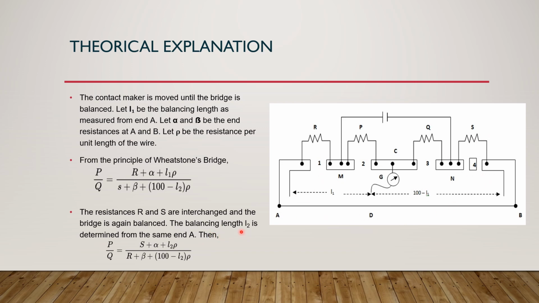The balancing length L2 is determined from this end A. Then P by Q is equal to, if we interchange here, this end becomes S and this end becomes R. Therefore, S plus alpha plus the balancing length L2 rho, divided by R plus beta plus 100 minus L2 into rho. This is equation 2.